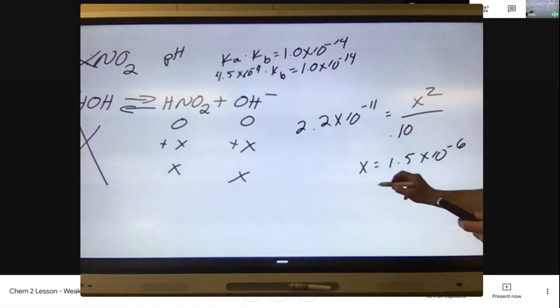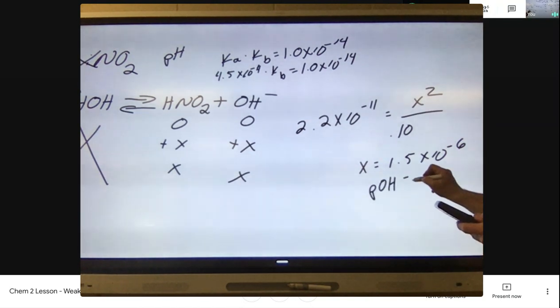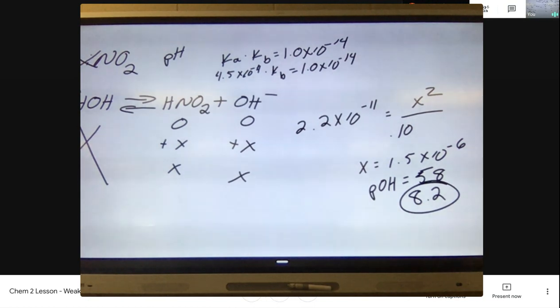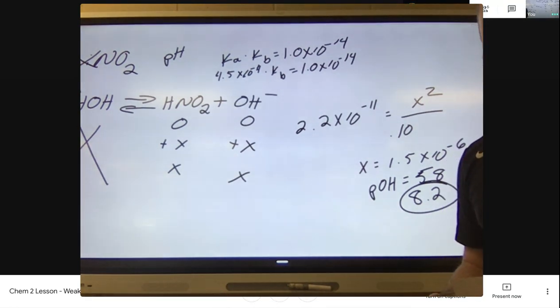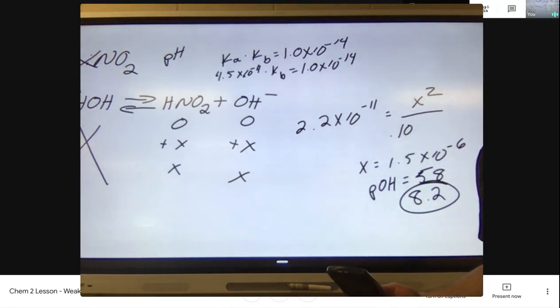What that gives me is a pOH of 5.8, which means that the pH would be 8.2. And that's consistent with a basic solution. Okay? That's a lot of action that just happened right there. I hope you guys were following what happened. If you have questions, just unmute and holler at me.